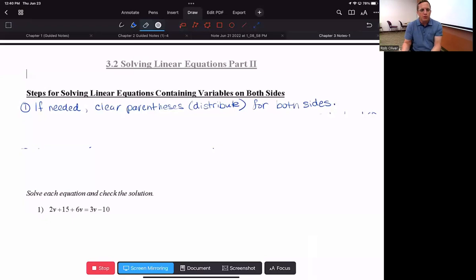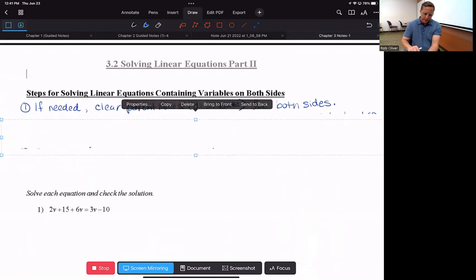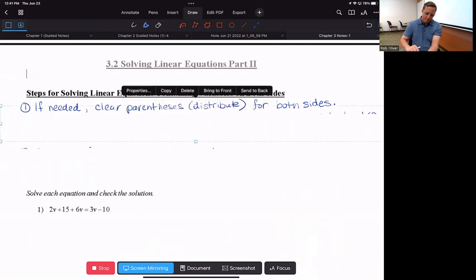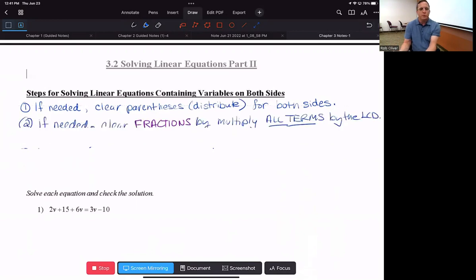If it presents itself, clear parentheses by distributing on both sides of the equation. So that's your first step, okay? Your next step is, if needed, clear fractions by multiplying all terms by the LCD.